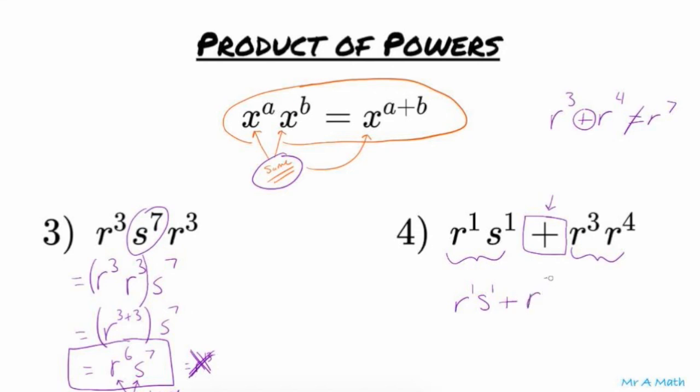So I can write this as r to the 3 plus 4, which is equal to r to the 1 s to the 1 plus r to the 7th power. And this is going to be my answer. This is a more difficult one for introductory level learners, but this just demonstrates that in order to use this property, we have to make sure they're being multiplied together.